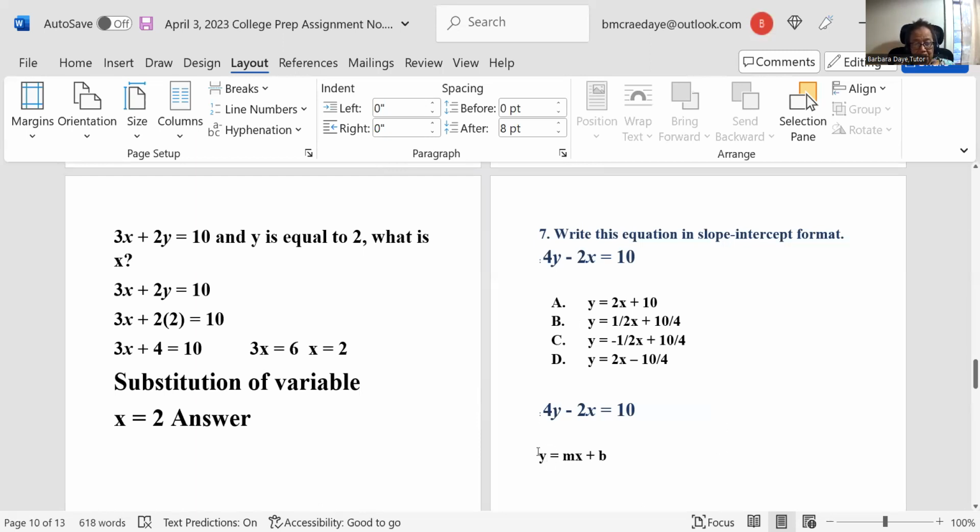Because remember the mx, that's on the right, the y is on the left, equal, the x variable with its coefficient is on the right plus the constant b. So take this equation, 4y minus 2x, solve it for y. What do you do first, Maureen?